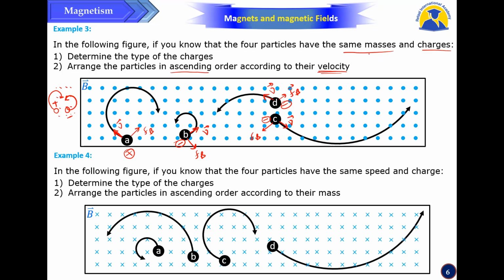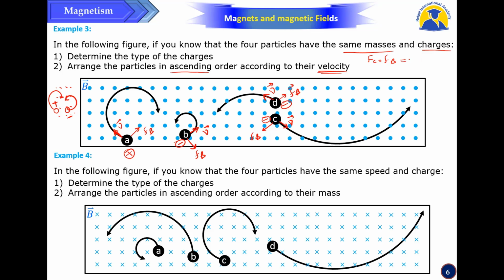So we know that Fc will equal Fb, because the direction of force will always be to the center of the circular path. So the magnetic force here will be the same as the centripetal force.